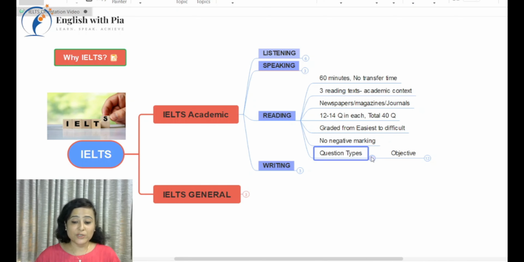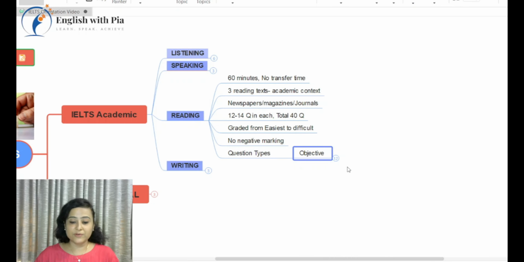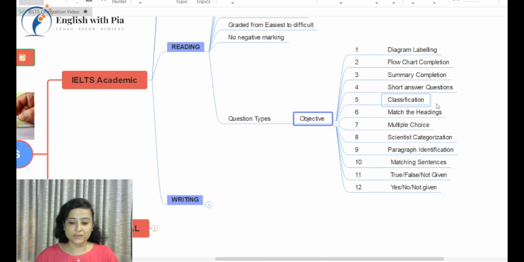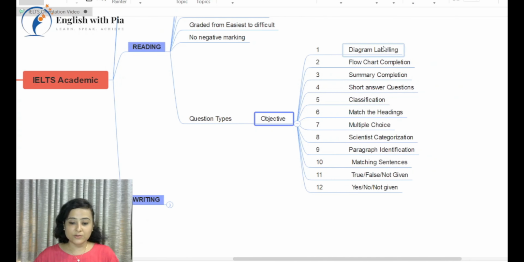Next are the question types. As I said, in reading and listening, both question types are objective types, and let us see the different types of questions you might expect in your reading test. These are the different question types: diagram labeling, flowchart completion, summary completion, short answer questions, classification, matching headings, multiple choice, scientist categorization, paragraph identification, matching sentences, true, false, not given, and yes, no, not given.